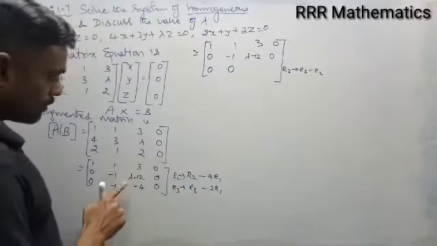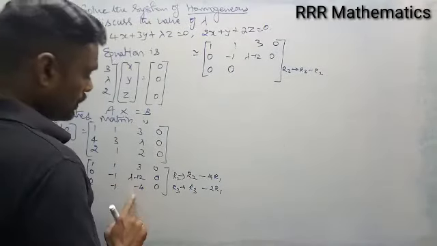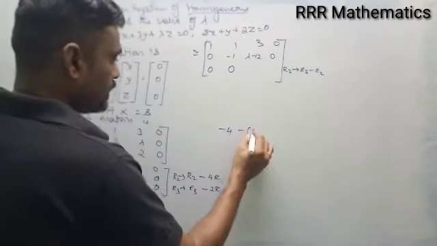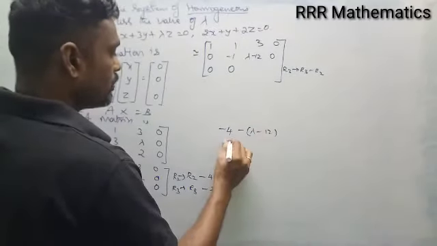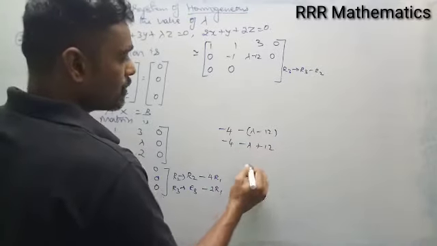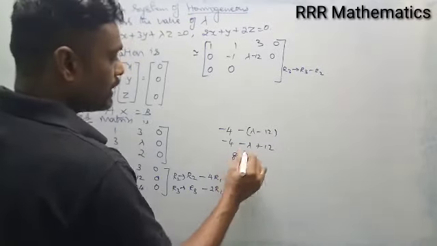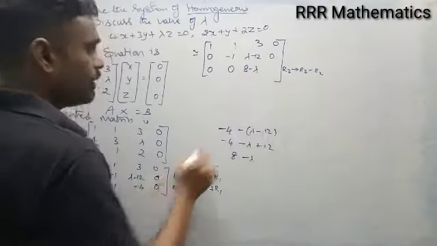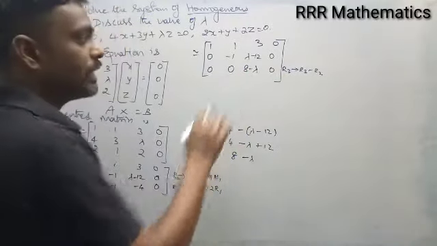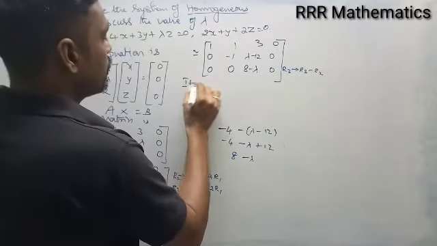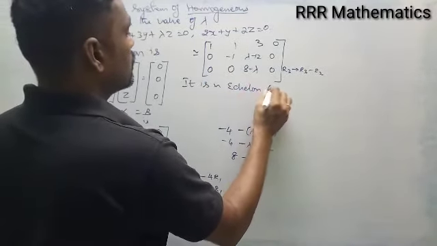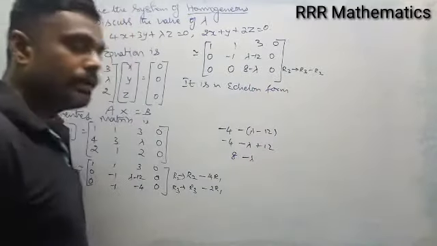When you subtract from R3 the entry lambda minus 12, it will be minus 4 minus lambda plus 12, which gives 8 minus lambda. The last entry is 0. It is in echelon form.